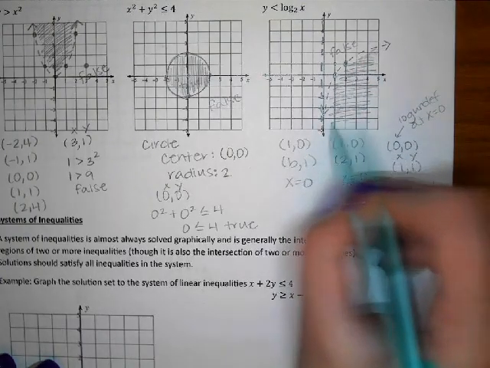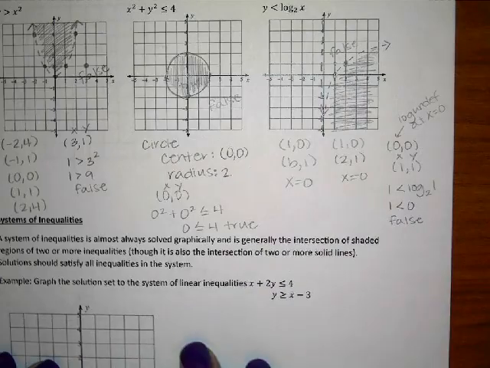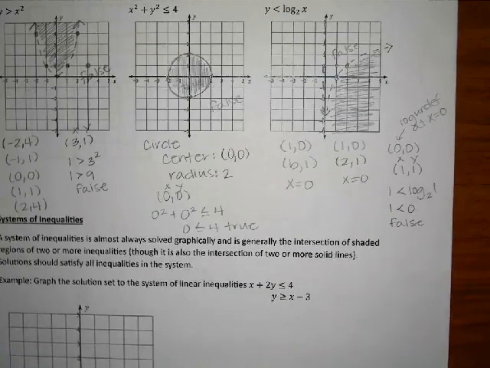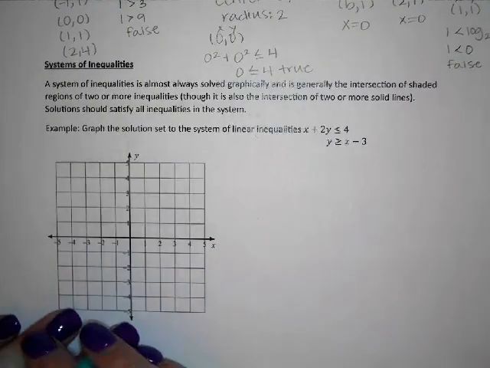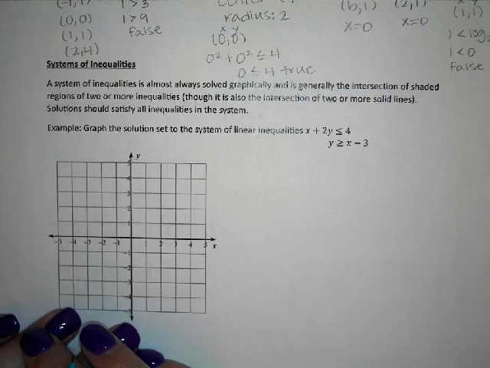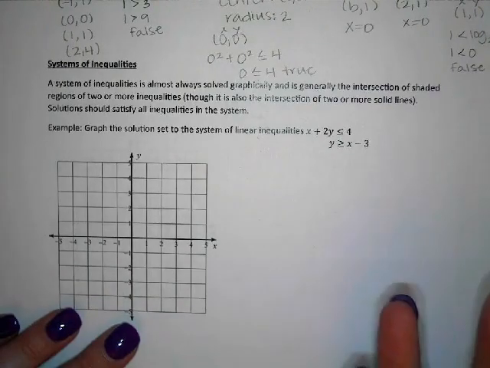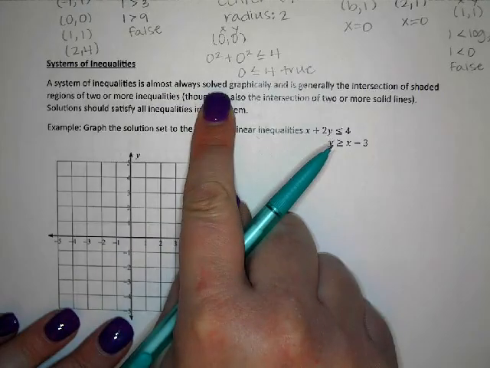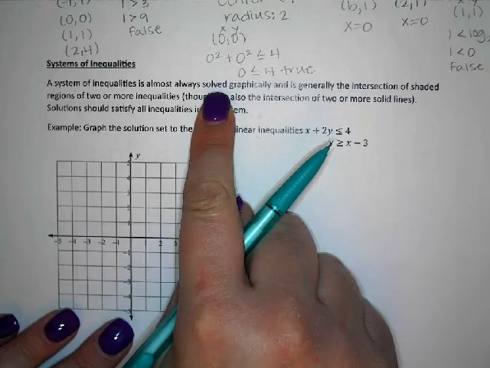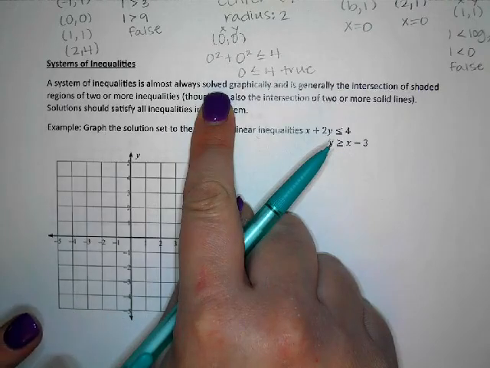Okay. All right, now we're going to go ahead and move on to systems of inequalities. So a system of inequalities just means that you have 2 or more inequalities. And a system of inequalities is almost always solved graphically. I have never seen a system of inequalities solved algebraically, meaning I've never seen somebody solve it by doing elimination or substitution or something like that.